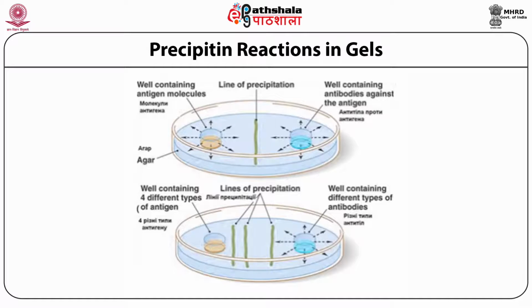The lower part of the figure shows the well containing 4 different types of antigens and the well containing different types of antibodies, and hence one can see multiple precipitin lines at different distances between the two wells.